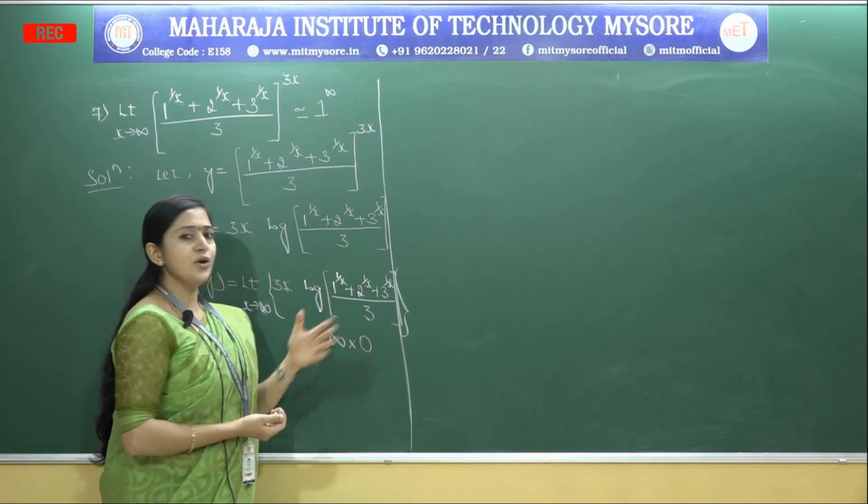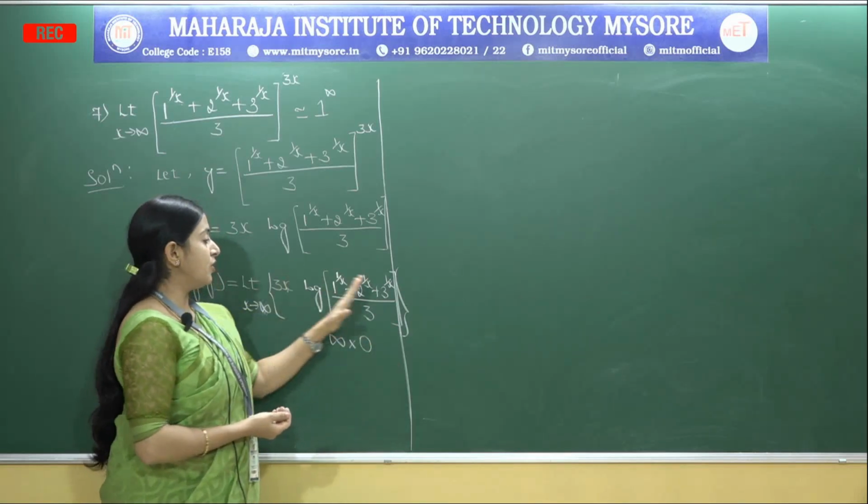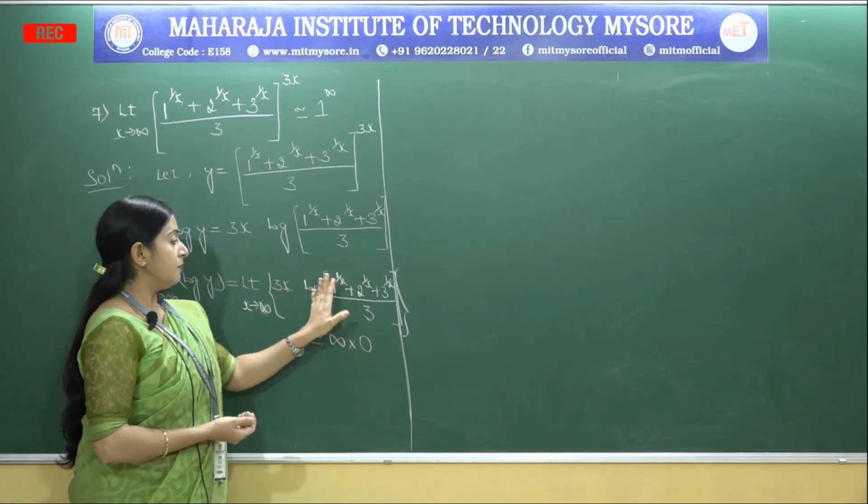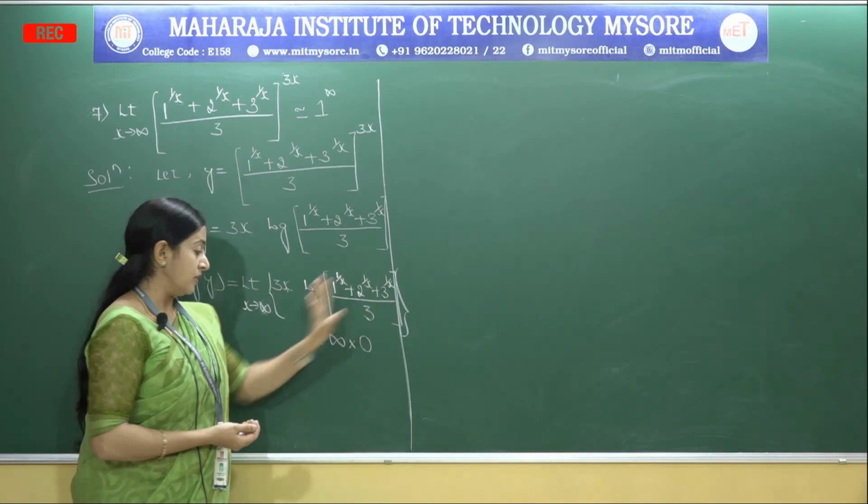Then what you have to do is write one of the terms in the denominator. So write this x in the denominator and apply the logarithmic property for this part.